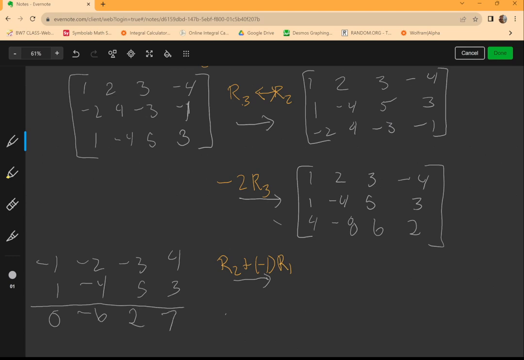Okay, so in terms of my new row equivalent matrix, these coefficients are now going to go into R2, the row that I didn't multiply any factors by. So R1 remains unchanged, and now my R2 gets replaced by this new row. And R3 was not part of any of these operations.